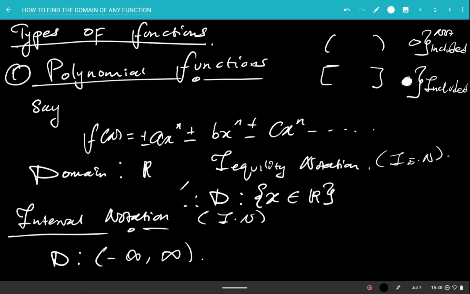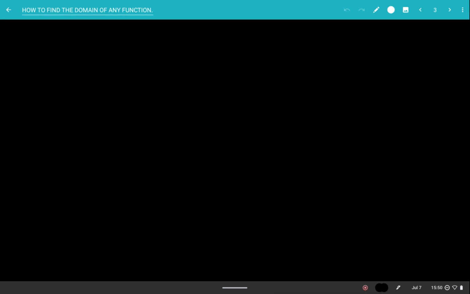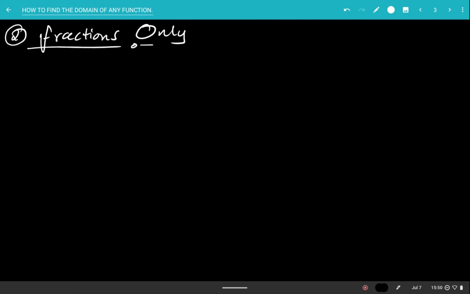Alright, let's understand this clearly with another type of function that we might have. In the next part, we'll be looking at a condition where you have fractions only. Now, we know a fraction is defined to be a part of a whole thing.